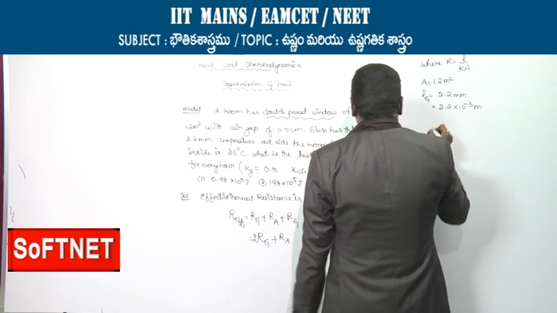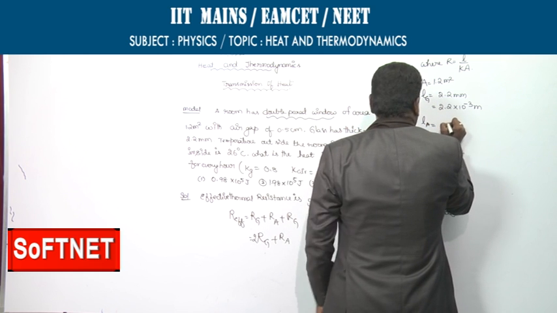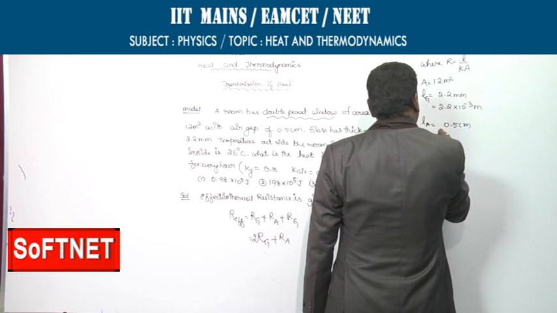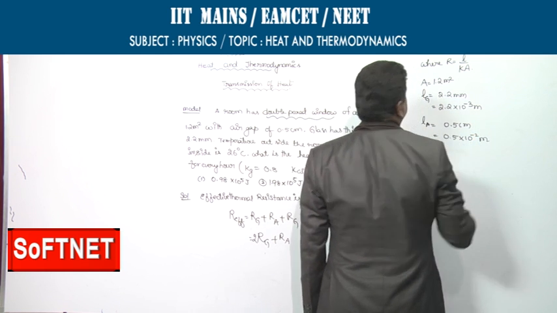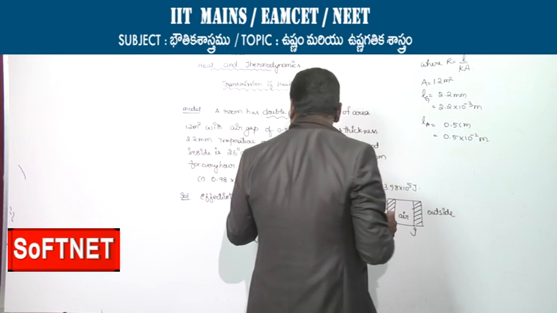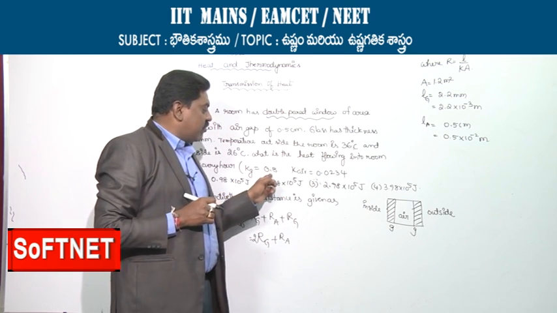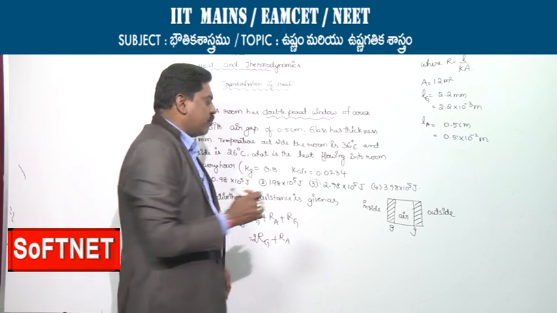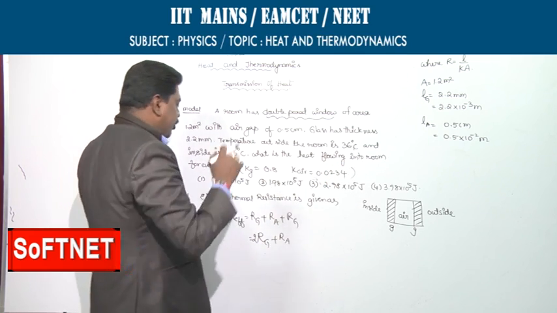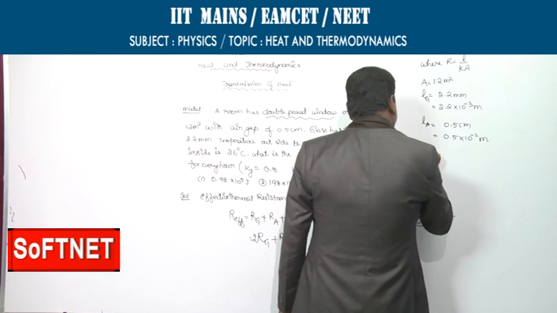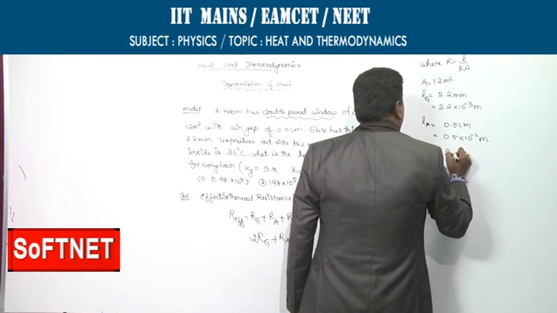The air gap, length of air, is 0.5 centimeters, which is 0.5 into 10 power minus 2 meters, and the coefficients of thermal conductivity are Kg equal to 0.8 and Ka equal to 0.0234.